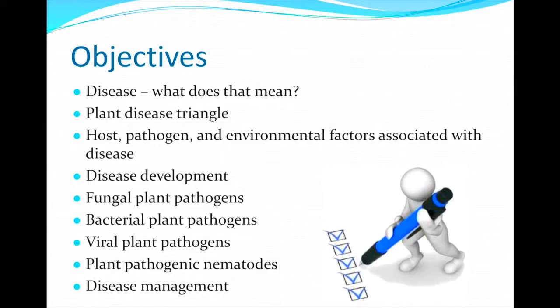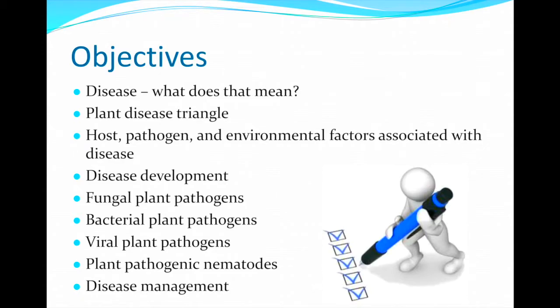That's our starting point. We're going to go over a very important concept in plant pathology, which is the plant disease triangle. We're going to expand on that just a little bit to talk about some of the factors associated with disease in plants. Just a smidge about disease development.